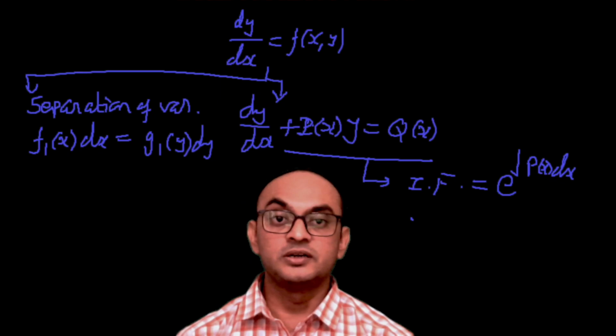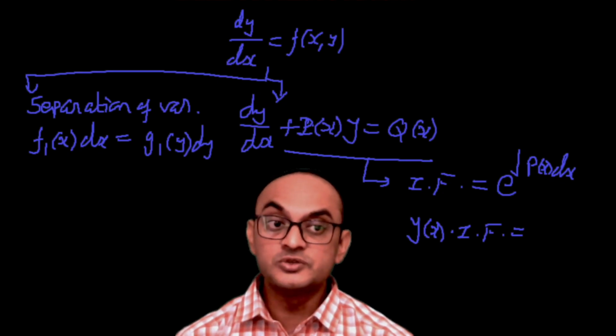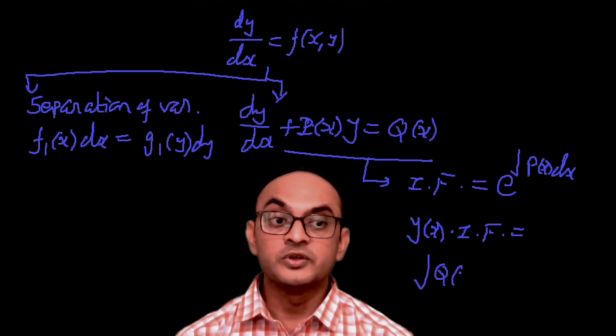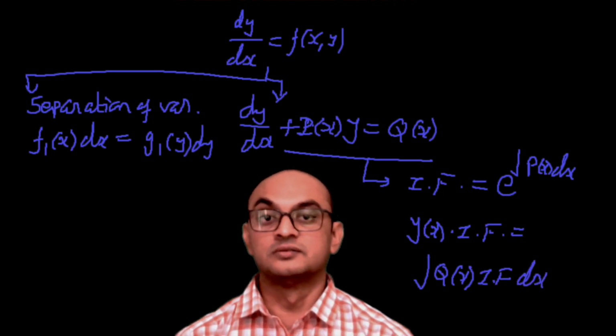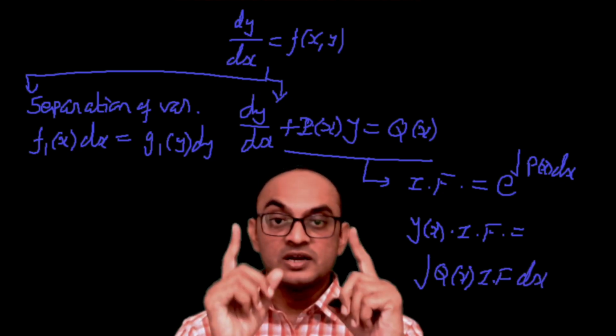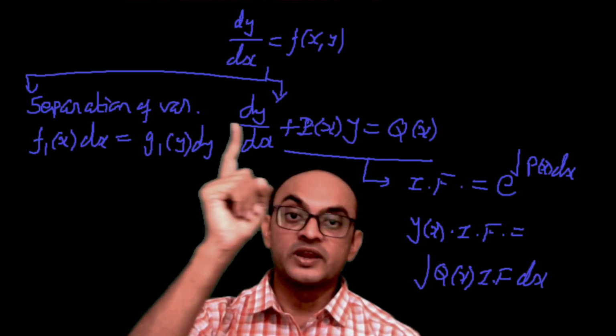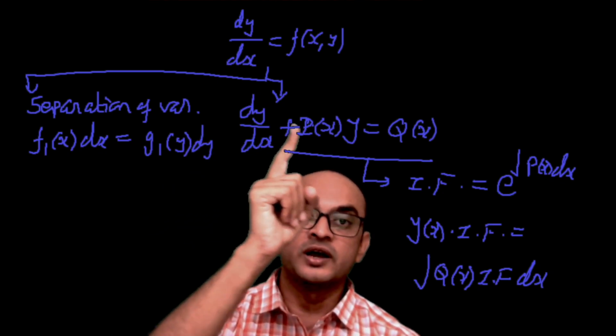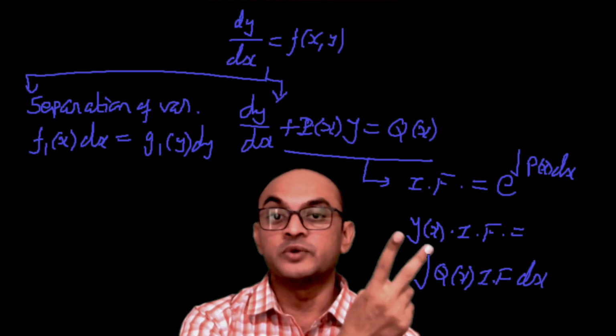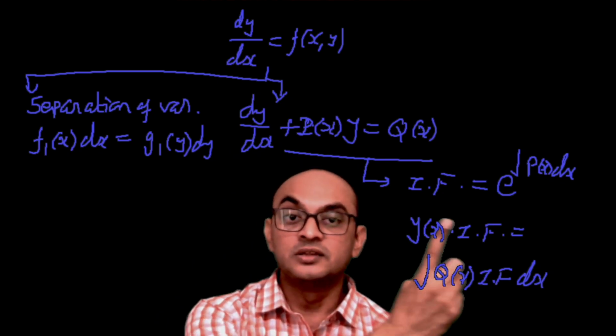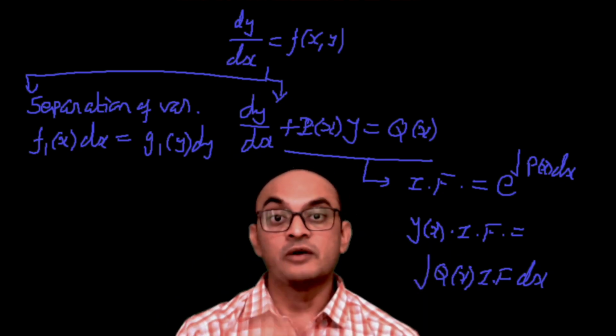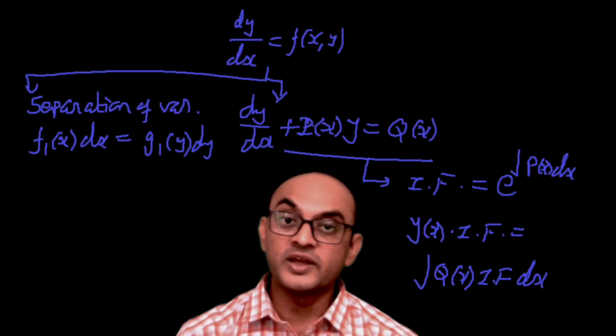The solution is y of x into integrating factor, which is equal to integration of q of x into integrating factor dx. So these are two different methods: separation of variables and the first order linear differential equation, which has a solution in this form. Now let us refer to one more method.